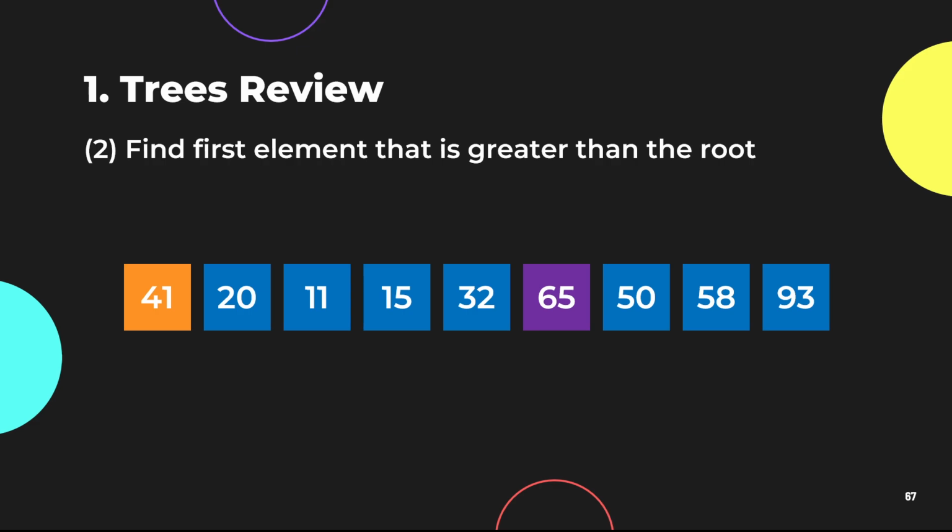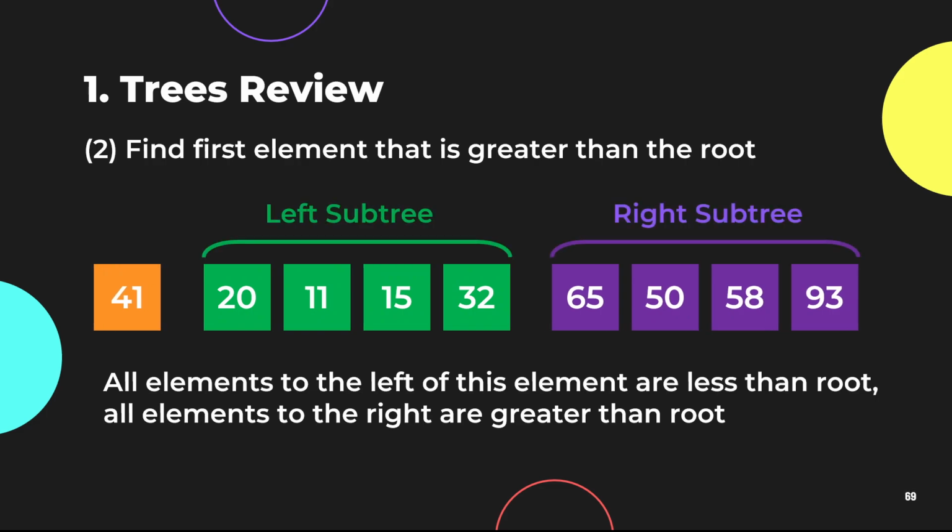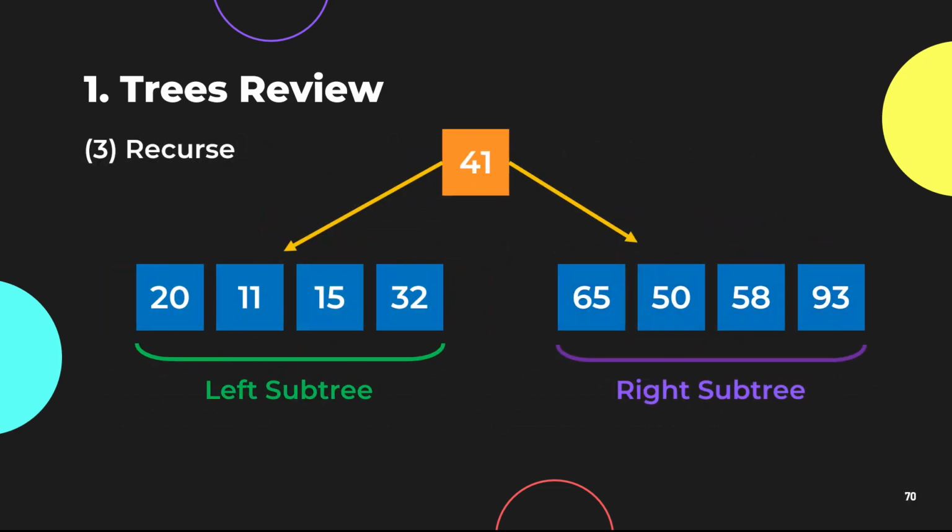Then the first element that's larger than 41, which is 65, is the root of the right subtree. And then everything before that up until 41 is on the left. So this one is the left subtree. Then everything after that will be the right subtree. Then you recursively call the traversal on both arrays.